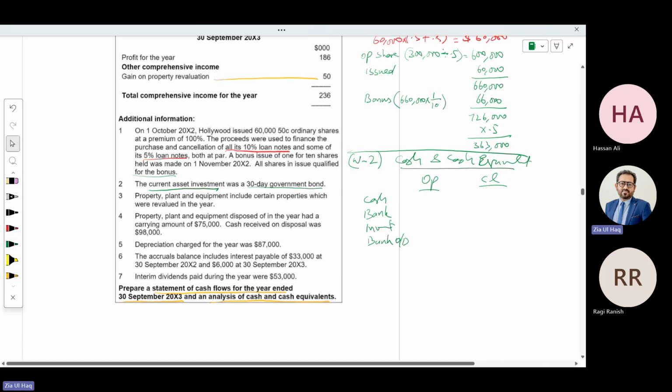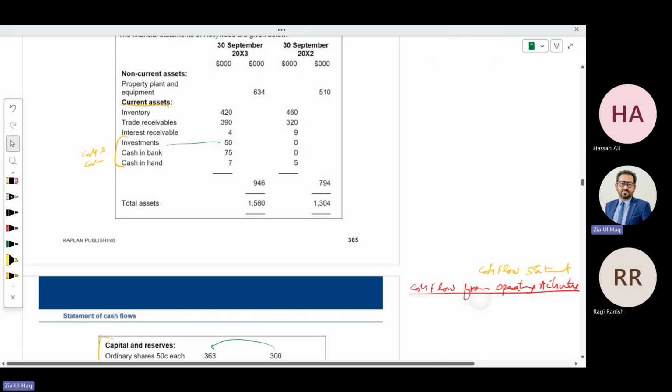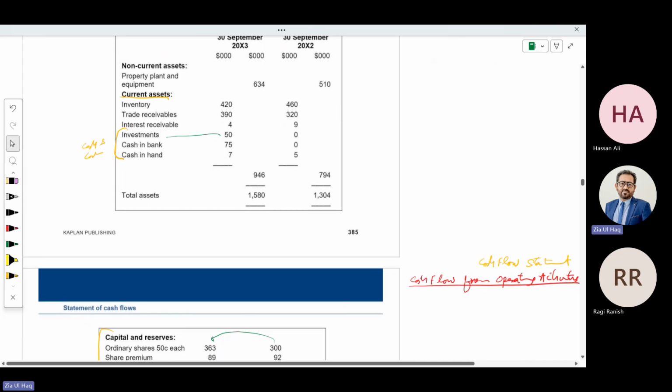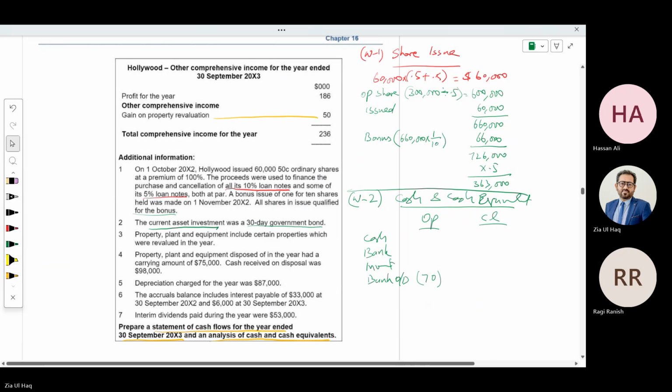What were their opening balances? Bank overdraft we saw in the previous year was 70 negative. And in the previous year, cash was 5, no bank, no investment. Altogether, 65 negative.